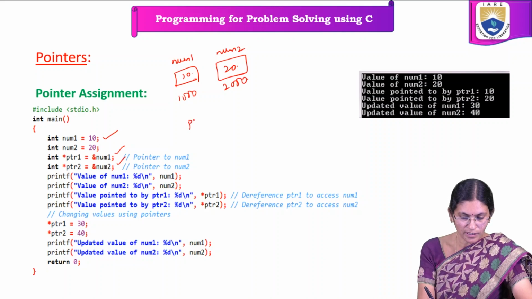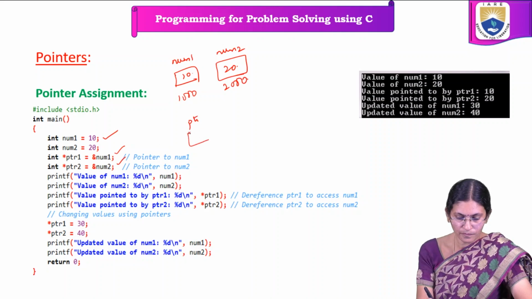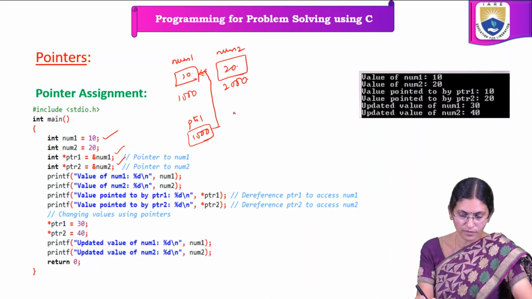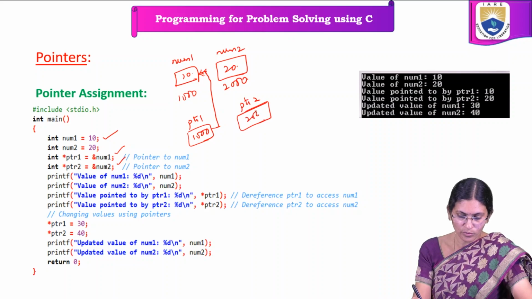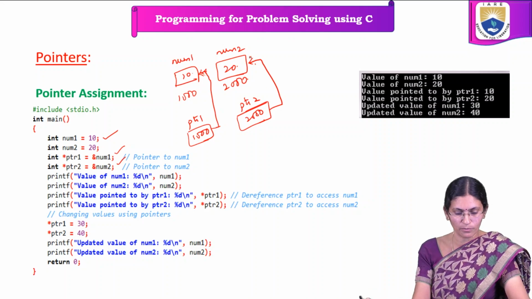So ptr1 will point to this one. We are assigning the address of num1 to ptr1, and the address of num2 to ptr2. So this 2000 will be stored here, and now ptr2 is pointing to num2.